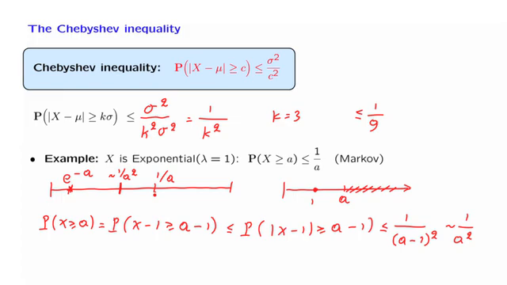In most cases, the Chebyshev inequality is indeed stronger and more informative than the Markov inequality, and one of the reasons is that it exploits more information about the distribution of the random variable x. That is, it uses knowledge not just about the mean of the random variable, but it also uses some information about the variance of the random variable.